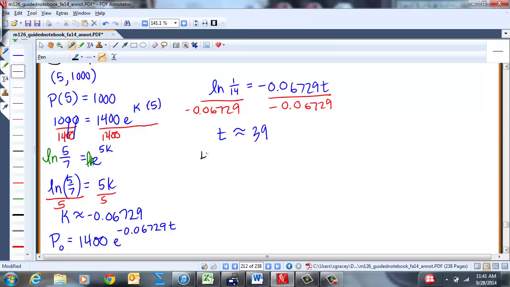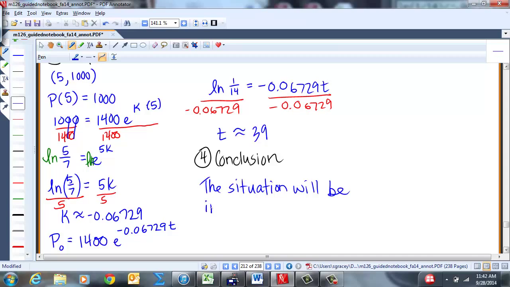So for... the situation will be irreversible in approximately 39 years.